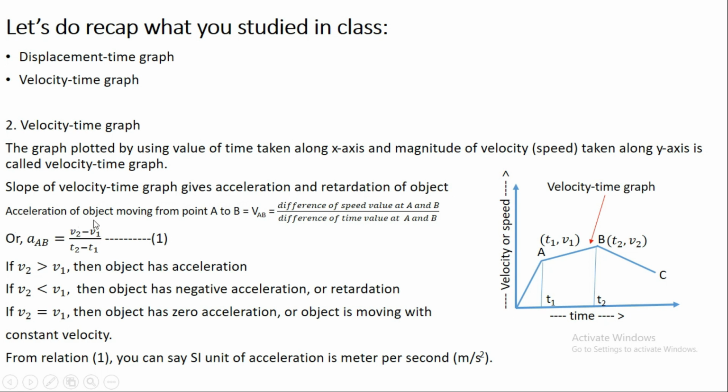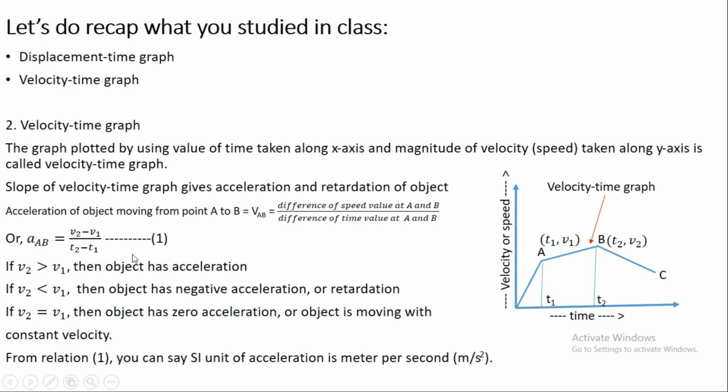Acceleration of the object from point A to B is, please make a correction here, this is not B, this is a, the symbol of acceleration a_AB. The difference of speed value at A and B divided by the difference of time value at A and B. In this way you can calculate the acceleration of the object while it is moving from A to B. In mathematical form you can write a_AB is equal to (v2 minus v1) by (t2 minus t1).